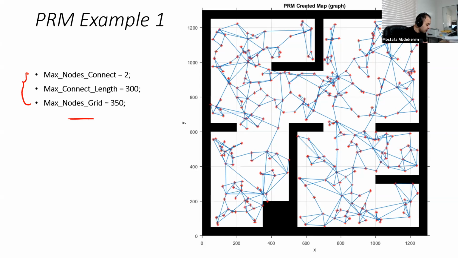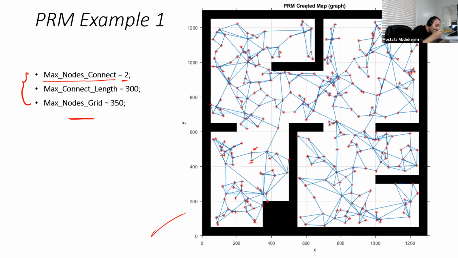Okay. One thing here in that map, there is no goal or start nodes. All these red nodes here are just nodes that represent the map. So, for example, if we choose the maximum number of nodes to connect equal to 2, that means when you generate a new node, and how to generate a new node, just choose random coordinates, random x and random y, and be sure it's within the map, in free space, not an obstacle.